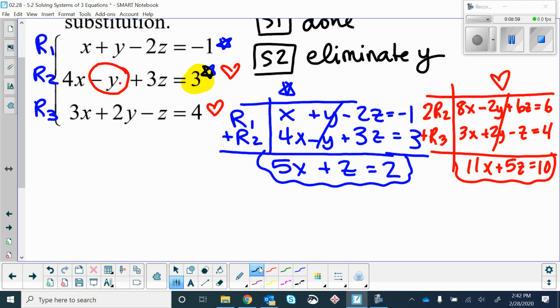So that is set to eliminate one of the variables. I eliminated y. I chose 2 different combinations of 2 equations, used elimination on those 2 systems, and I have this. Now read step 3 to yourself.